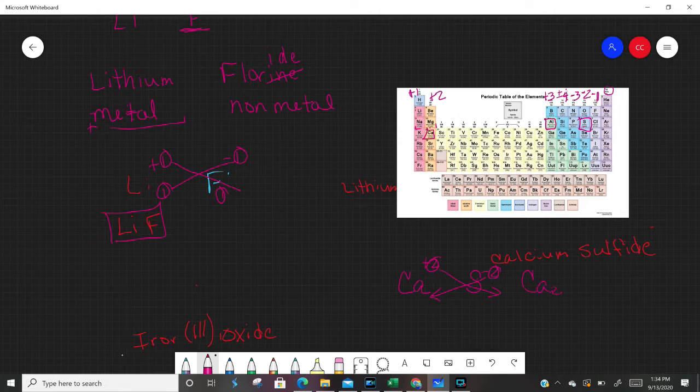So Ca2S2, in ionic compounds, you always reduce it all the way down. So this would be calcium sulfide.